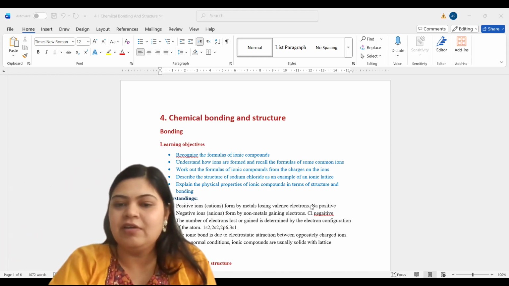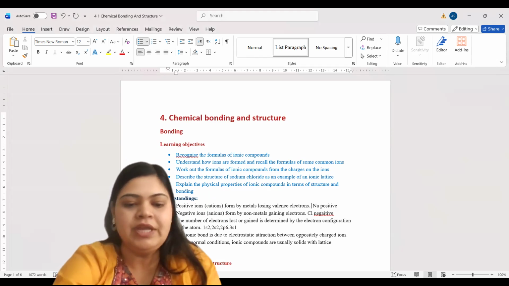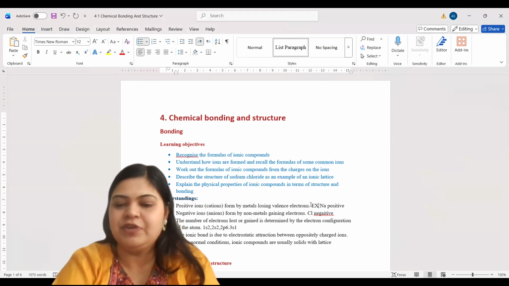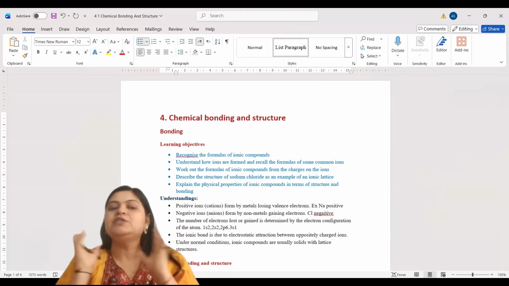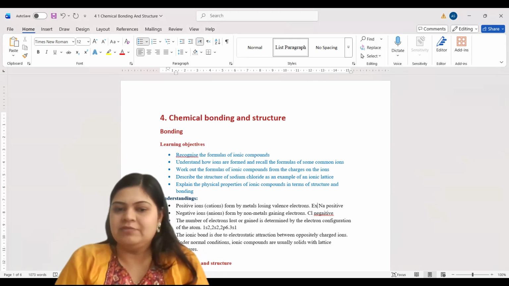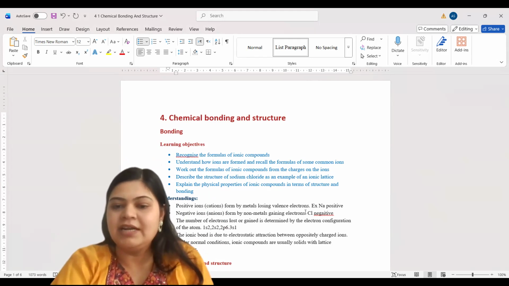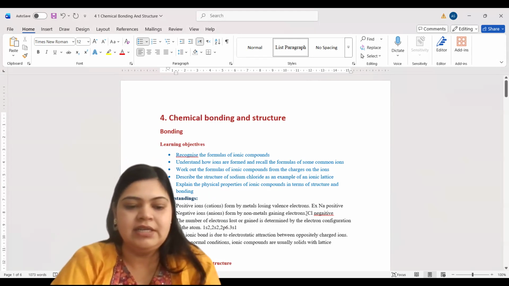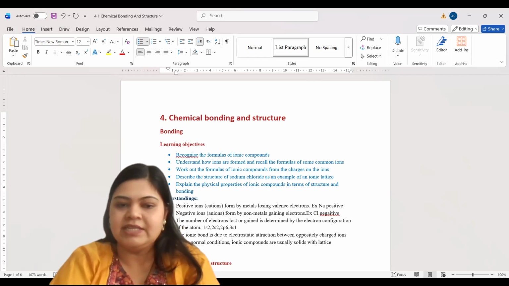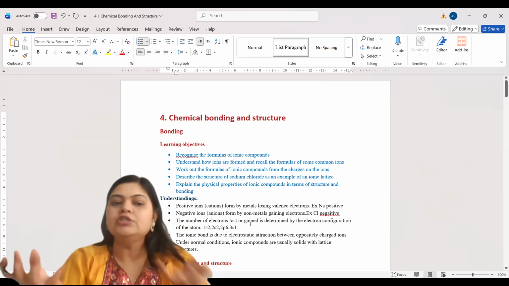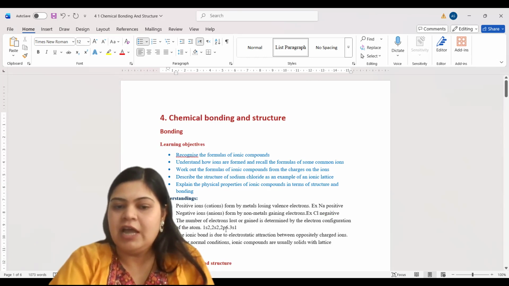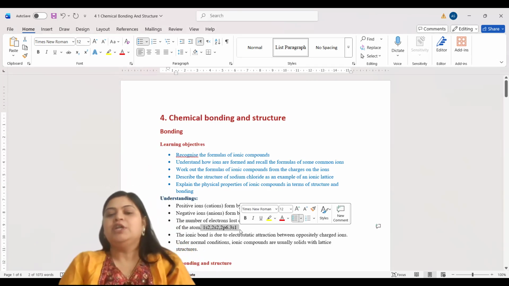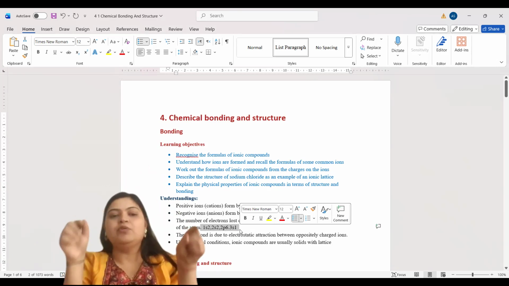For example, I have written a standard example in chemistry: sodium is positive, and the negative standard example is chloride. The number of electrons lost or gained is determined by the electronic configuration, which I have highlighted here.